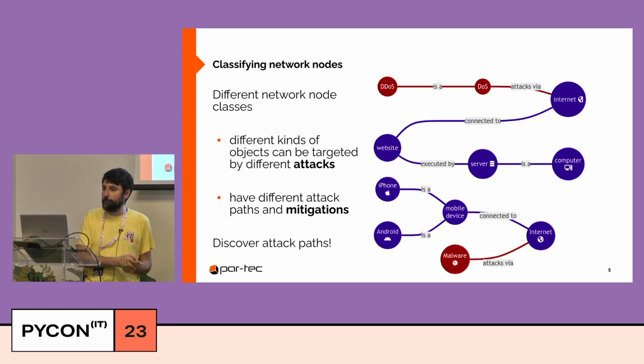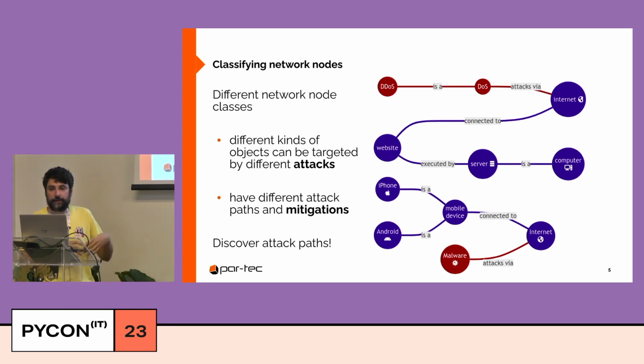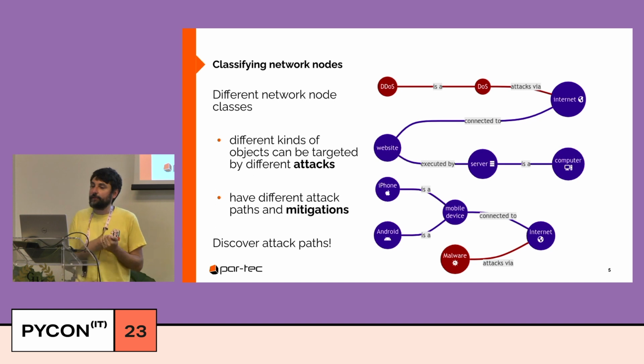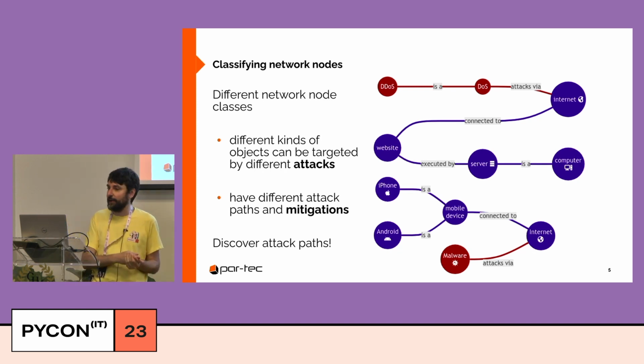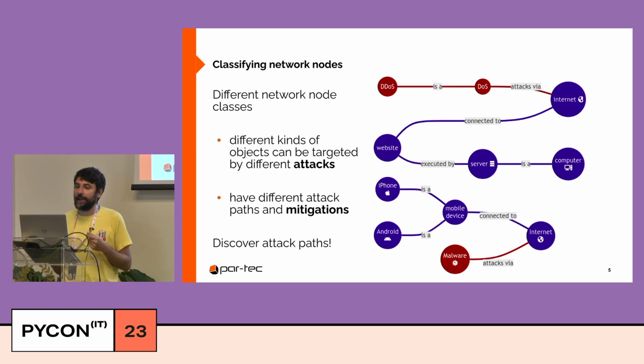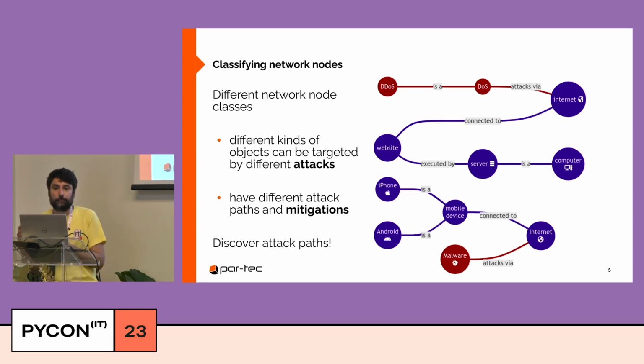And this is an example. We have a website here. Our website is connected to the internet, and a denial of service attacks via the internet, okay? And a distributed denial of service is a kind of denial of service. But, well, a website is even executed by a server, and the server is a computer.